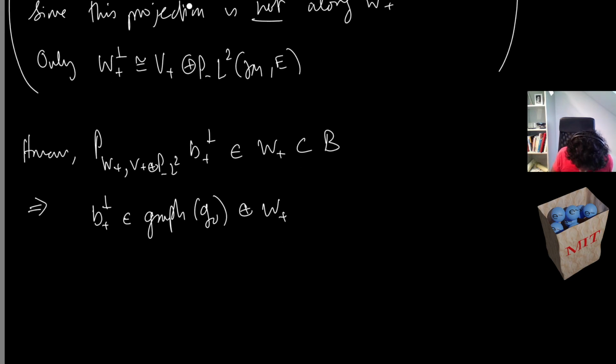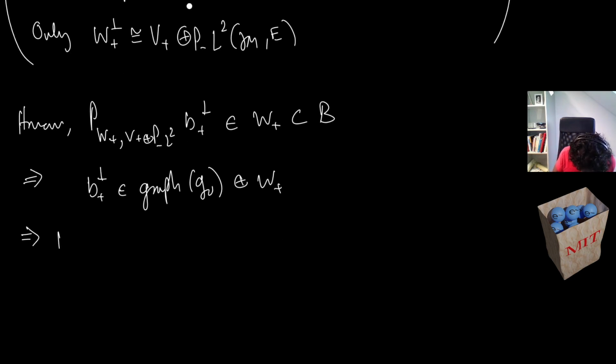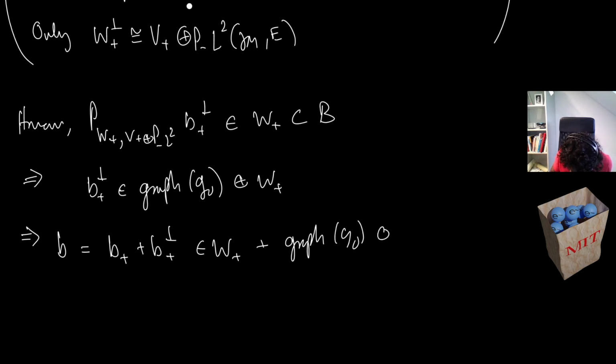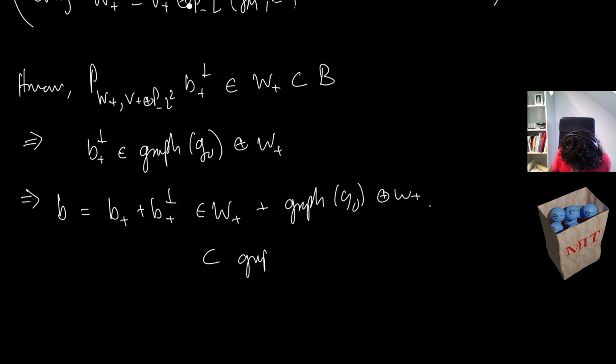Okay? And so then we get that B equal to B plus B plus perp, which is in W plus graph G naught W plus, which is clearly contained in graph G naught plus W plus. Okay?